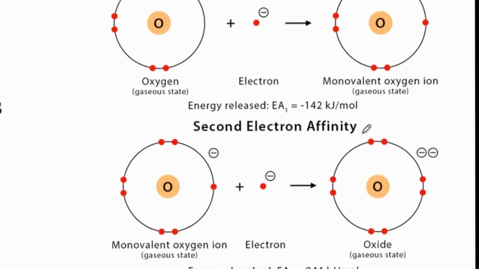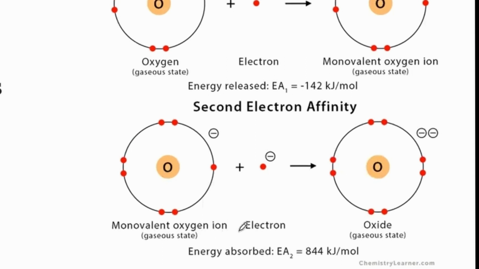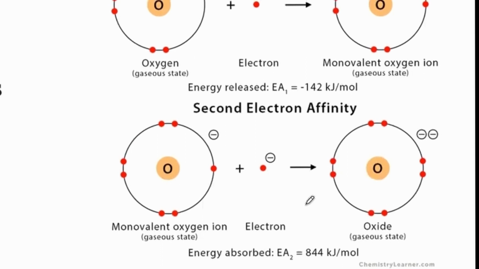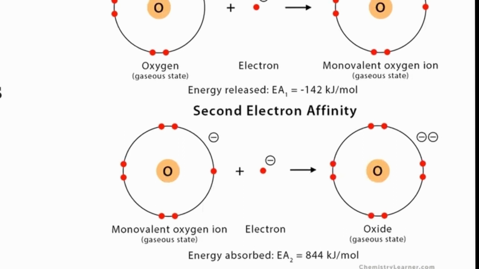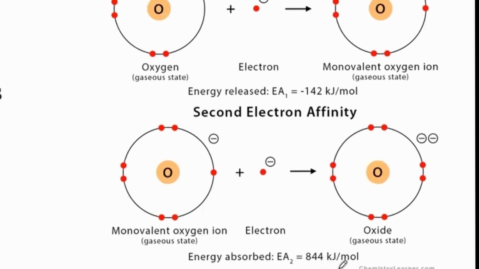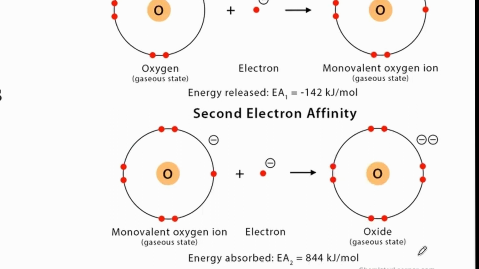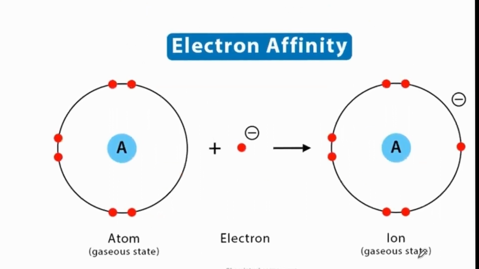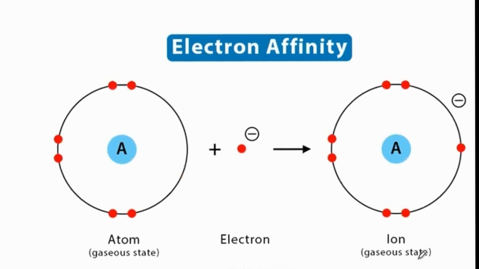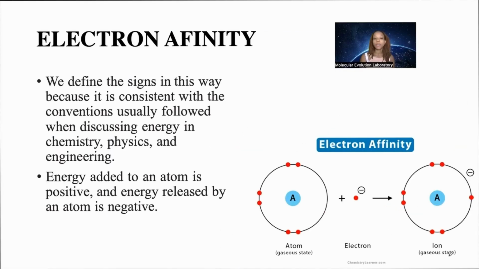In the second electron affinity, this monovalent oxygen ion gains an electron to become oxide gas, where energy is absorbed at 844 kilojoules per mole. We define the signs in this way because it is consistent with the convention usually followed when discussing energy in chemistry, physics, and engineering. Energy added to an atom is positive. Energy released by an atom is negative.